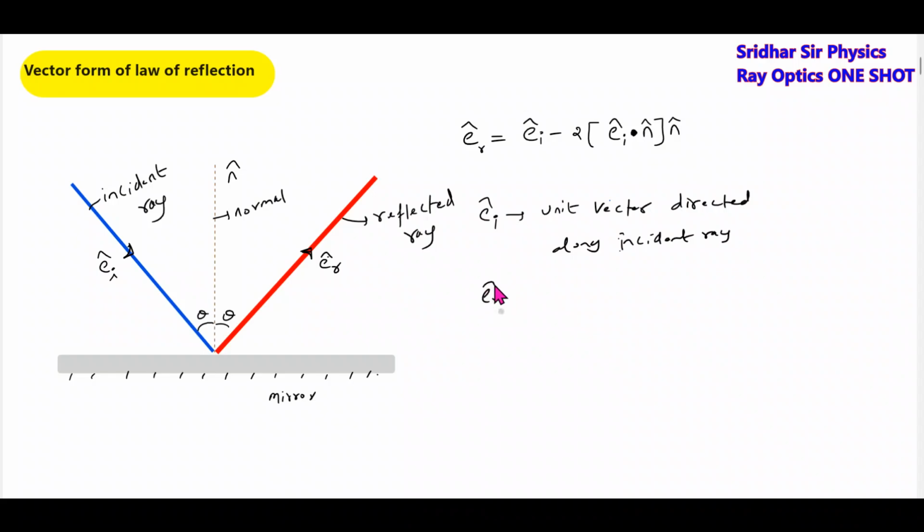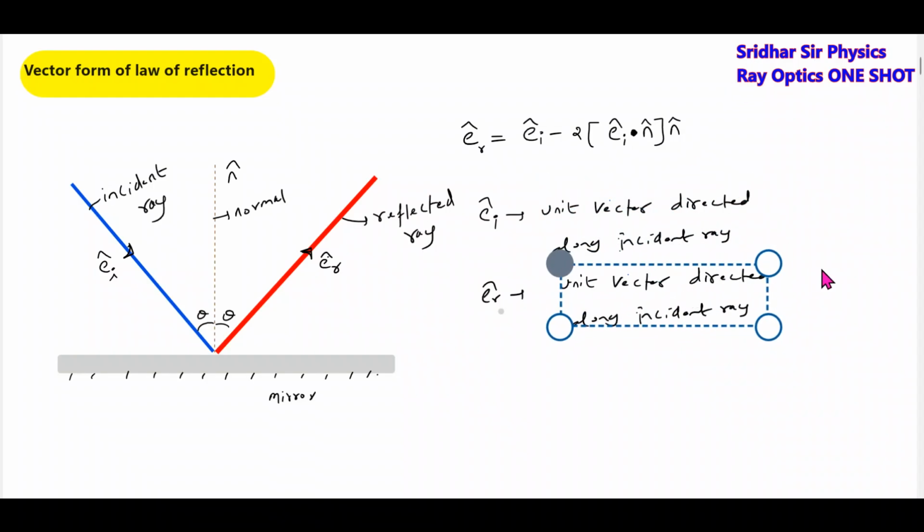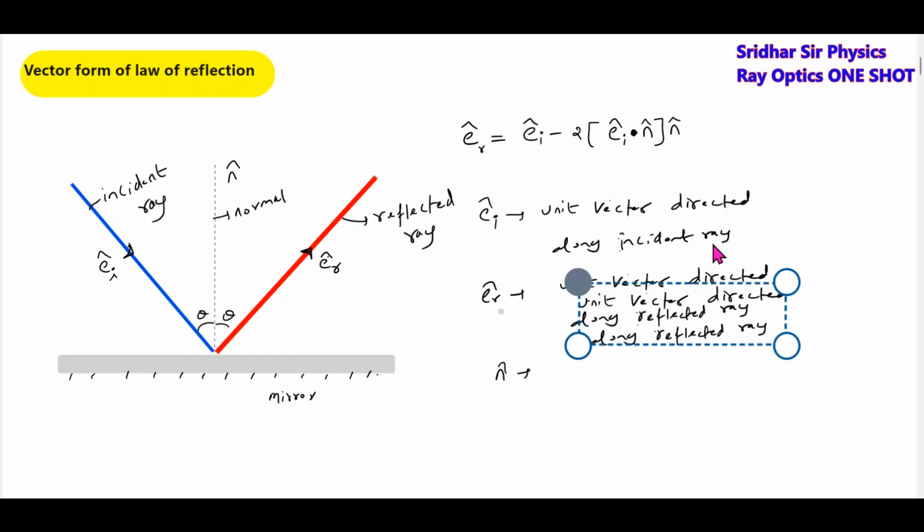Then what about ER cap? Unit vector directed along the reflected ray. And what about n cap? N cap is a unit vector directed along the normal.